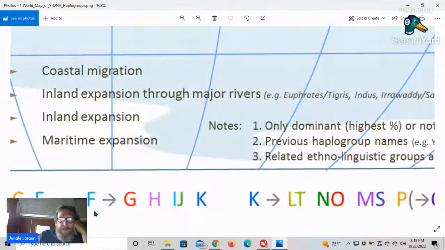Now the Semitic group here, which is F, G, H, because F is not just the category, F is a lineage too. You have F1 and F2, as I've pointed out previously. F1, F2, G, H, I, and J is one group. So how many is that? F1 and F2 is 2. G, H is another 2, that's 4.